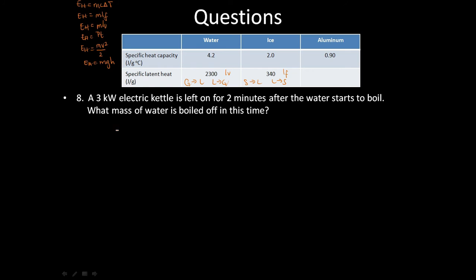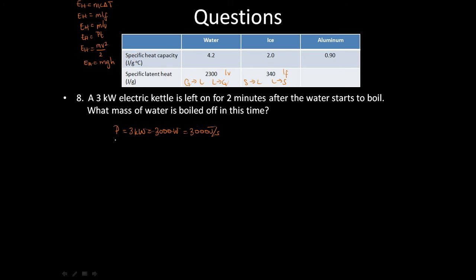Okay, so say we have P, which is 3 kilowatts, translated as 3,000 watts, which is also 3,000 joules per second.